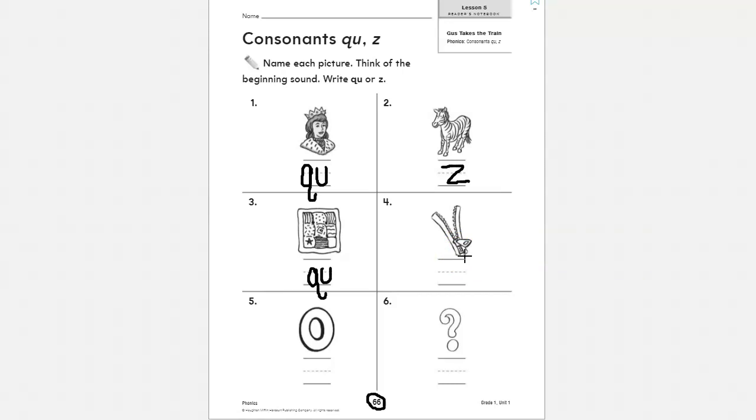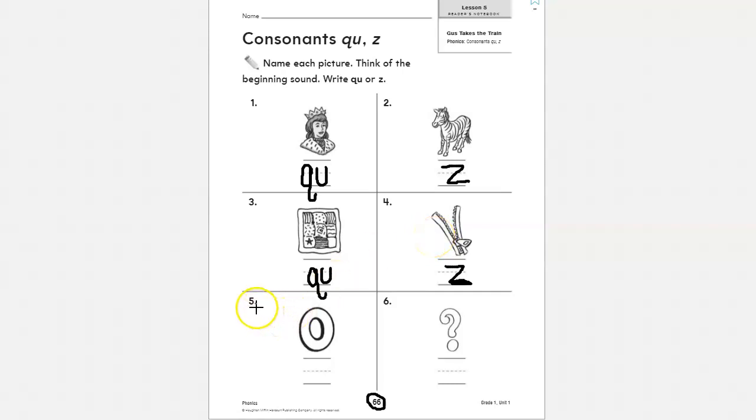Does zipper begin with the qu or z sound? Zipper begins with the z sound. Z in the blank for the z sound in zipper.